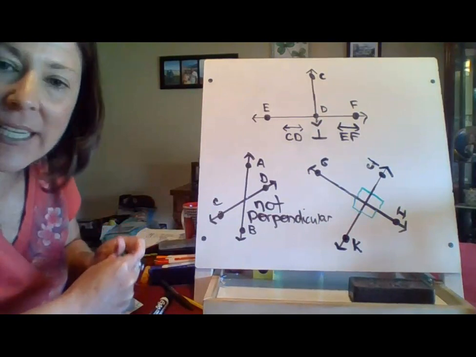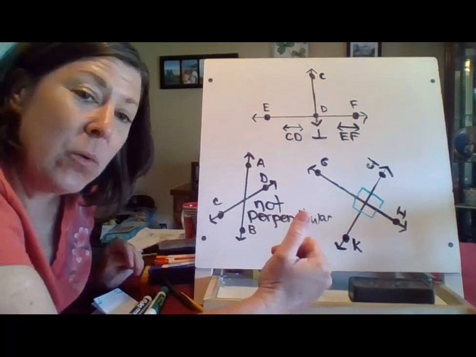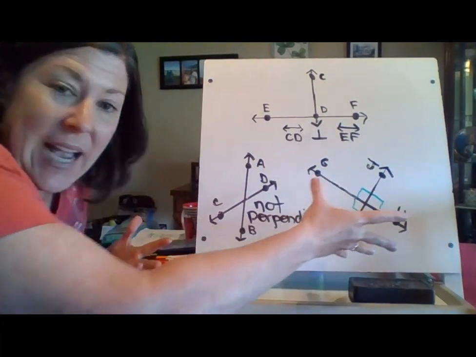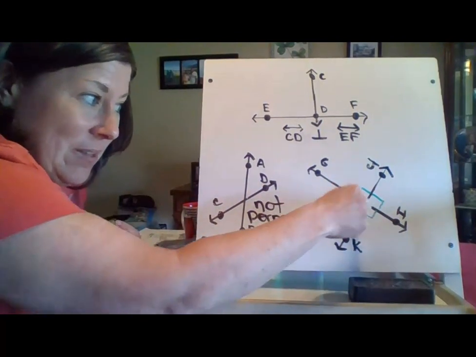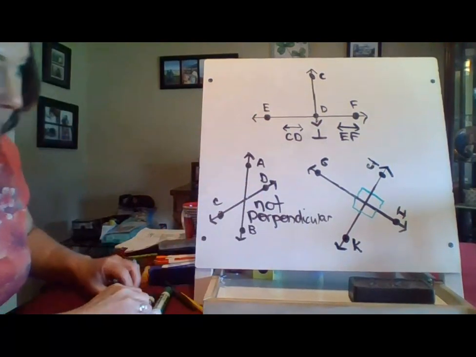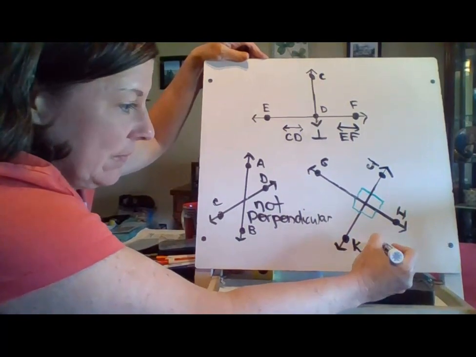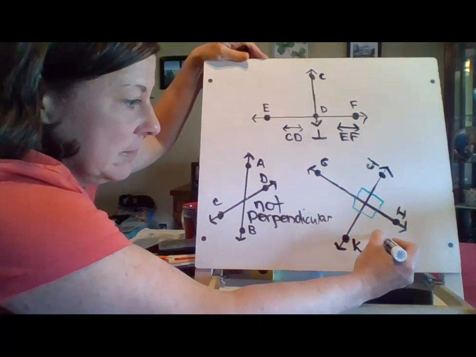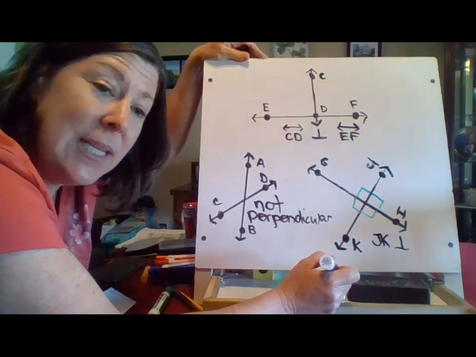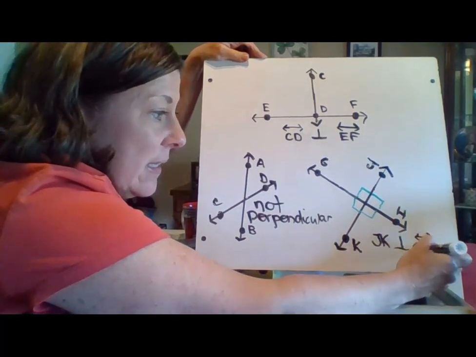So it doesn't matter if the lines go diagonal. It doesn't mean that they're not perpendicular just because it's diagonal. These actually are almost exactly like this model here. So I'm going to write that JK is perpendicular to that upside down T line GH.